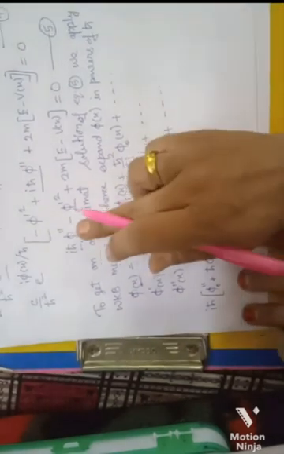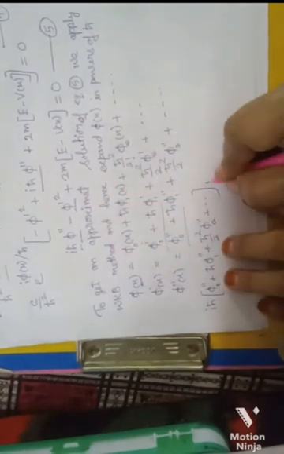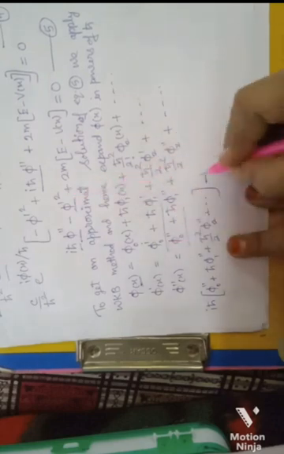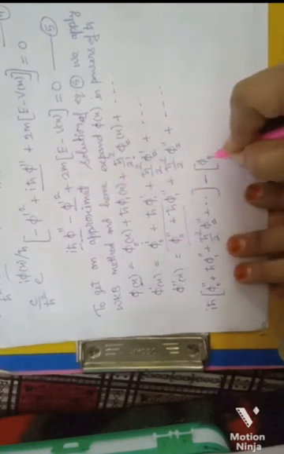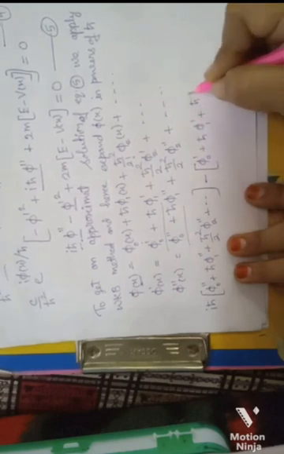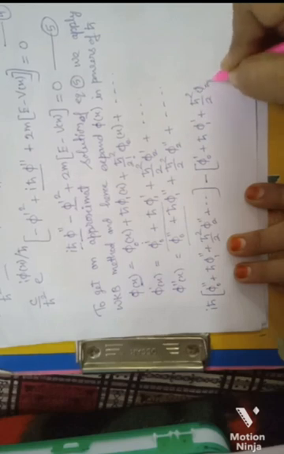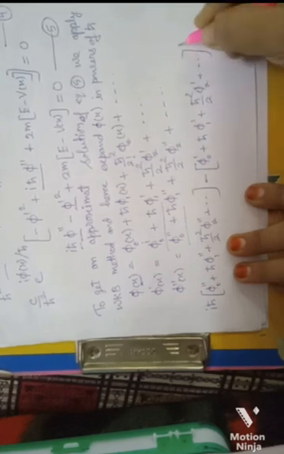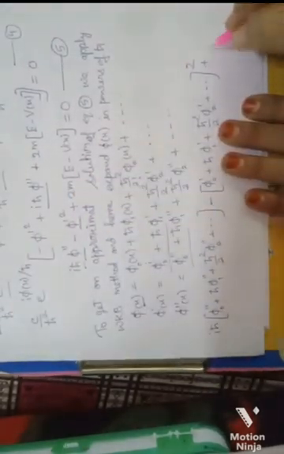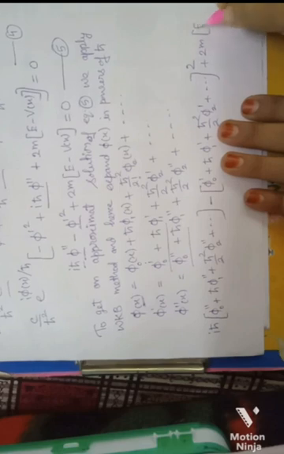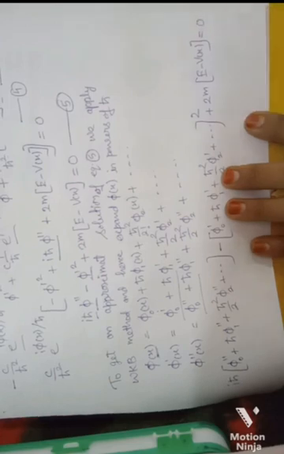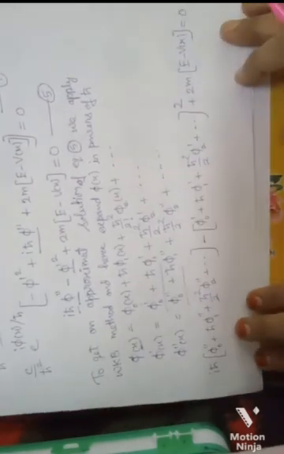This is our phi double prime value. Now minus phi prime square, so phi prime value is this: phi naught prime plus h cross phi 1 prime plus h cross square by 2 phi 2 prime plus and so on, squared. Now plus 2m into e minus v of x, as it is, equal to 0. Okay students, up to here understand?